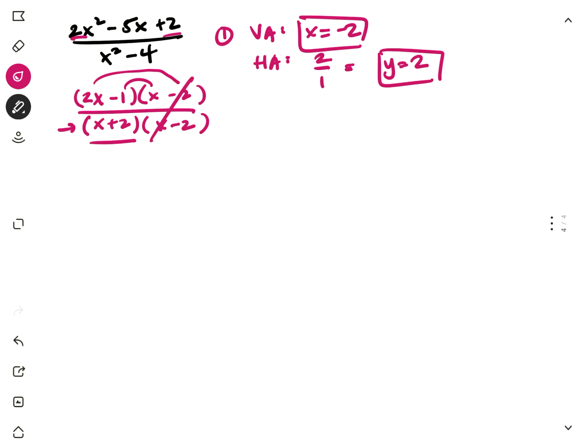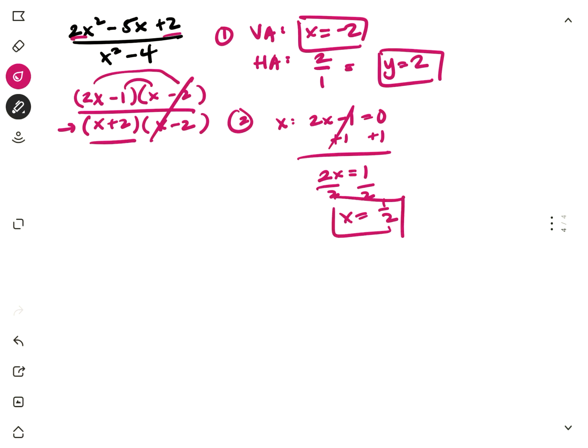All right, and then we're going to find our intercepts, right? So let's go ahead and do that. So for our x-intercept, we said whenever the top is 0, right? So 2x minus 1 equals 0. We're going to use our algebra here. And we get that x equals 1/2.